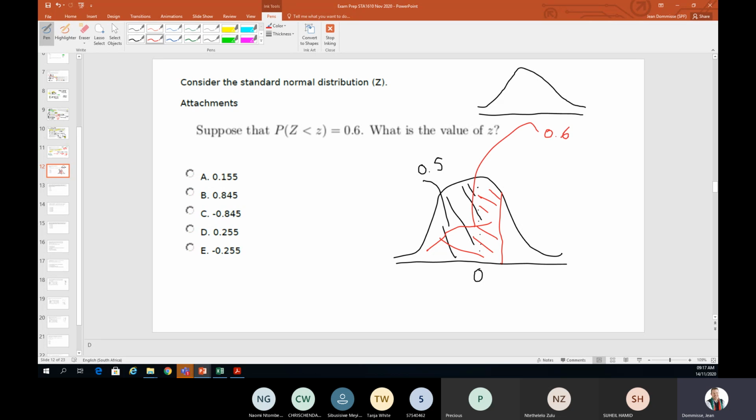So we could go to the table, I'll go to it now. But if that is 0, this number must be bigger than 0. So it can't be that, and it can't be that. So it automatically already cancels two of the negatives because I am looking for a positive value.